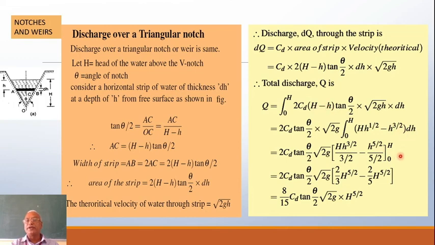If you integrate, this will be h raised to 3 by 2 divided by 3 by 2, and this will be h raised to 5 by 2 by 5 by 2, 0 to H. Now if you substitute, it will become 2 by 3 H raised to 5 by 2 minus 2 by 5 H raised to 5 by 2.